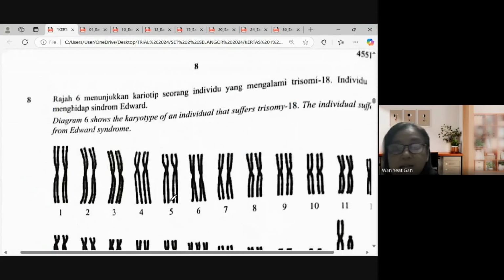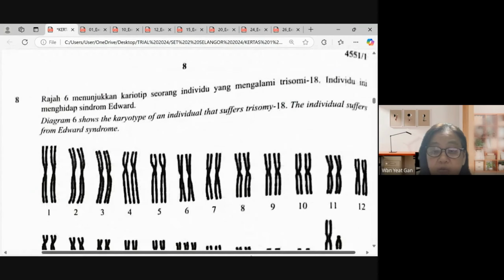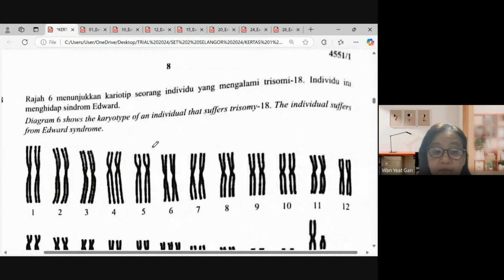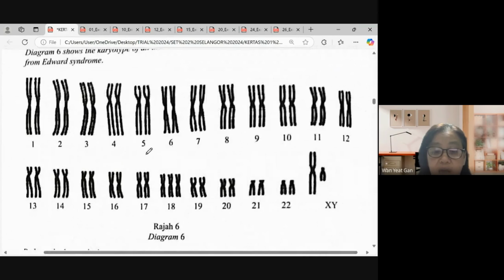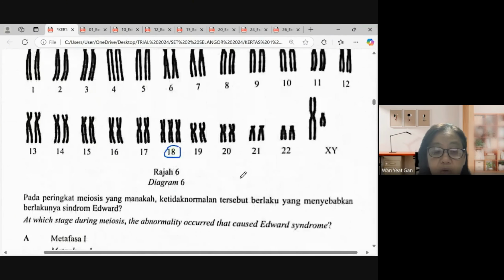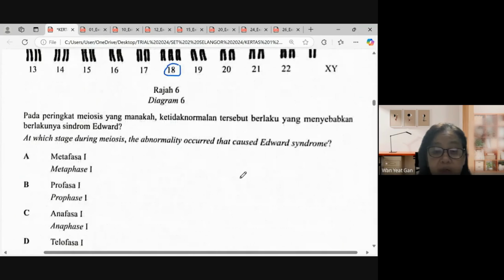Question 8 shows the karyotype of an individual that suffers from trisomy 18. Trisomy 18, the individual suffers from Edwards syndrome. So trisomy 18 means it has 3 chromosome number 18 instead of 2. So at which stage during meiosis did the abnormality occur that caused Edwards syndrome?